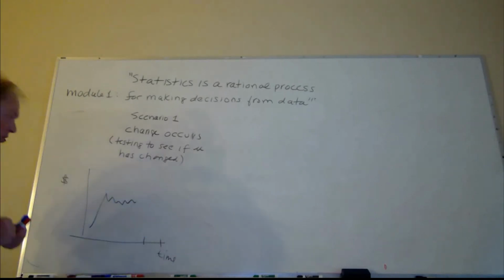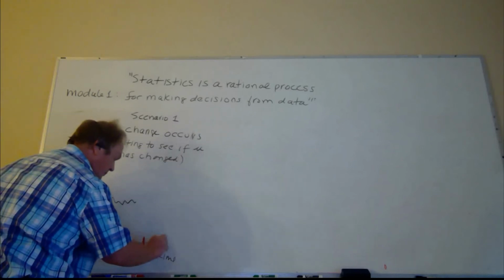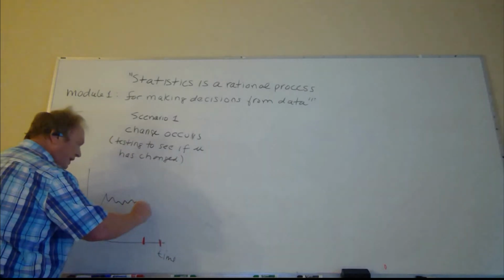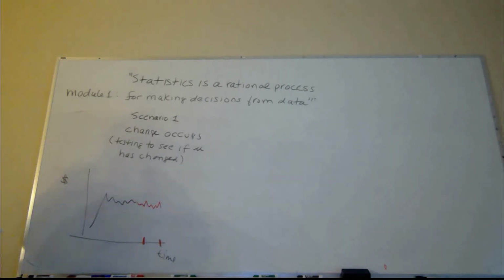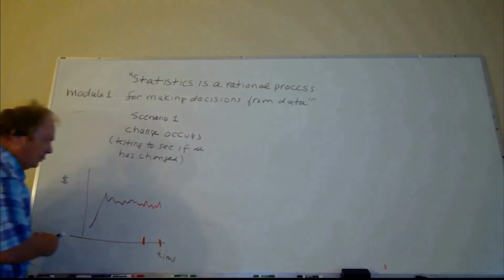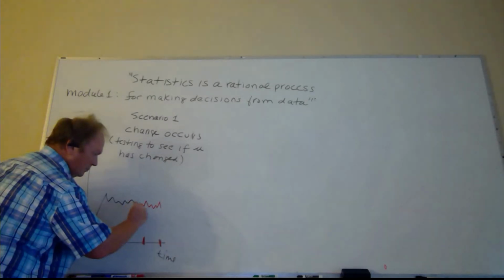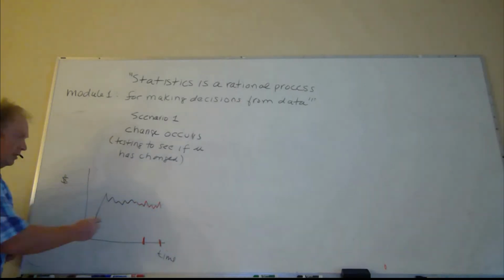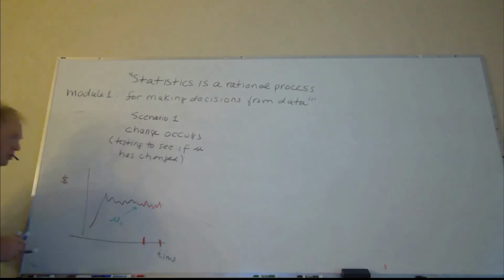And we're going to look at some little window here. In this window, the price seems to oscillate about some value. So this is the mean, mu naught.